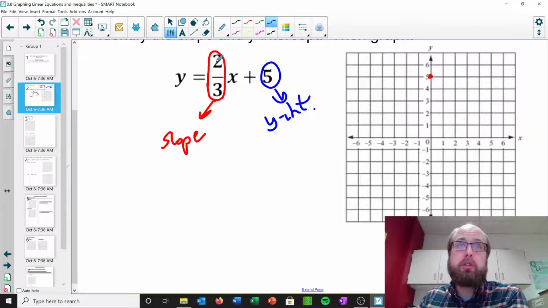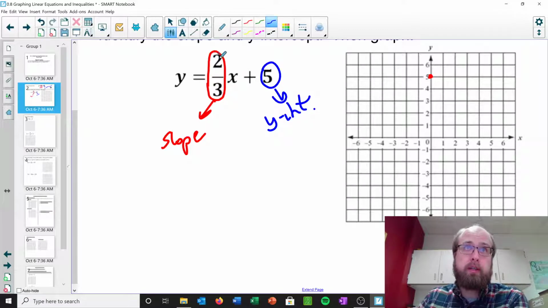Then, just like yesterday, we can use our slope to find more points. Our slope tells us we have a rise of 2 and a run of 3. Rise of 2 means go up 2, run of 3 means go to the right 3. So we go from here up 2 to the right 3, and we put a dot.